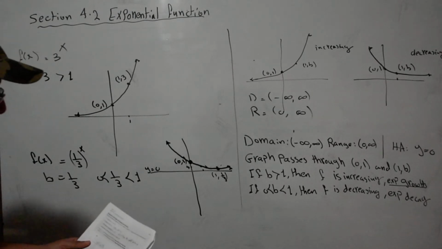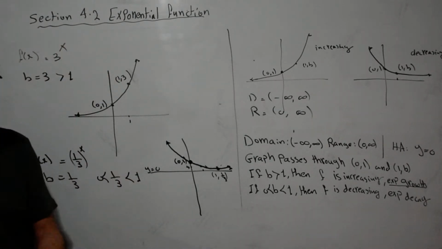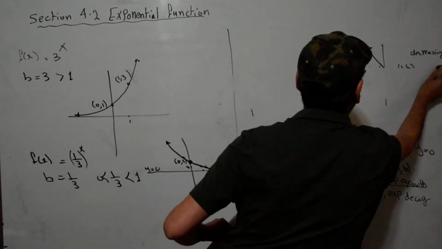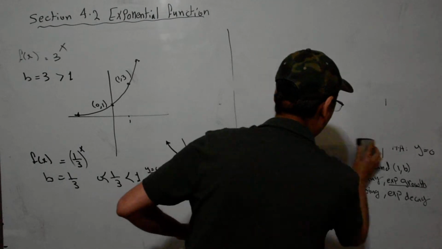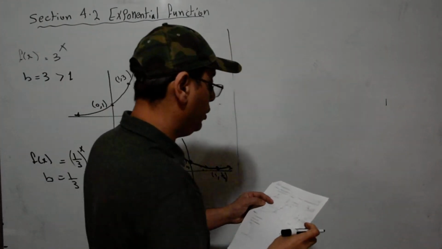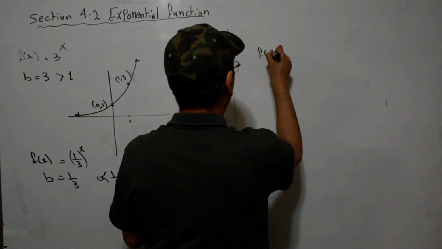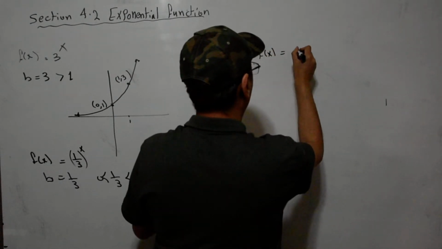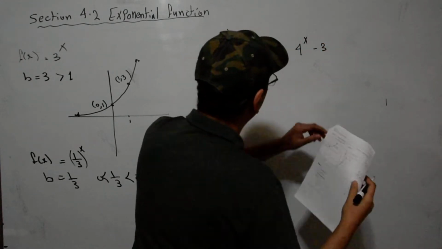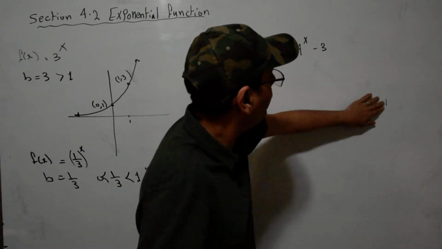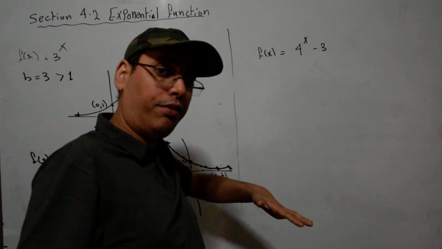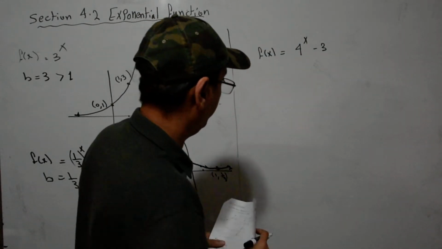Let's get another example with a transformation. You want to graph the function f of x equals 4 to the 2x minus 3. So here we find 4 to the 2x, and then the minus 3 is a vertical shift of the function down by 3 units.